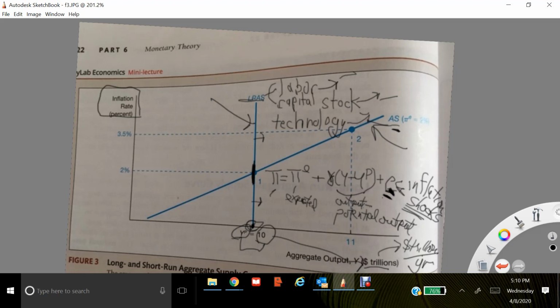Okay, so one of the factors is this inflation shock. If that increases, inflation will increase.